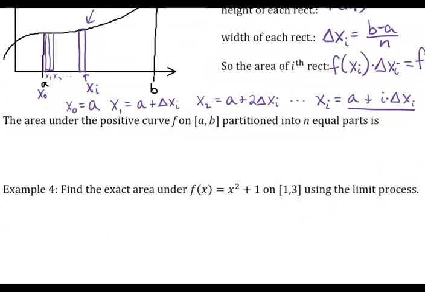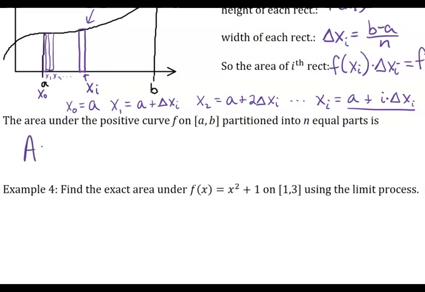Putting all of this together, we are going to take an infinite number of rectangles and add all of their areas together. To add all the areas together, we're going to use a summation, which is why we reviewed sigma notation. And to make an infinite number of rectangles, we need to start with a limit.